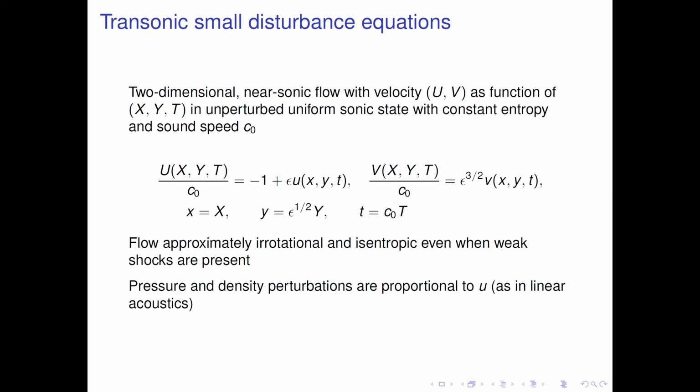You basically have a sonic flow here. In my convention, it's convenient to do it from right to left. You could do it the other way. And then U and V: U is the perturbation of the x velocity, V is the perturbation in the y velocity, and they have to be scaled appropriately.